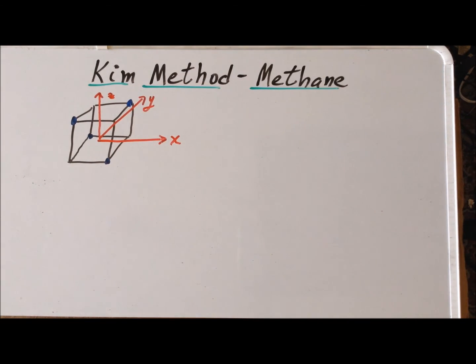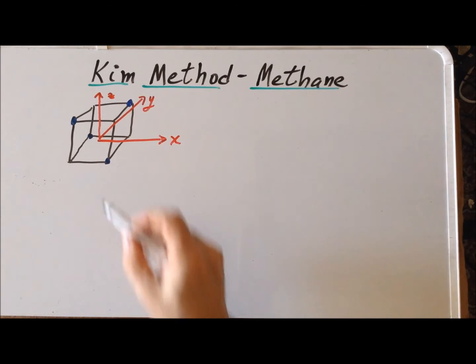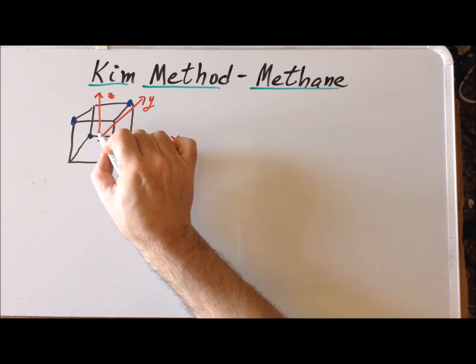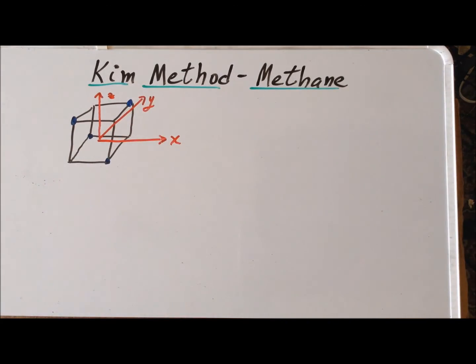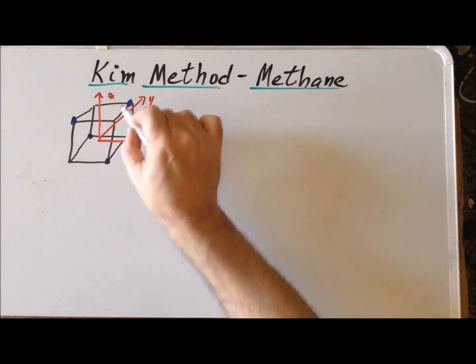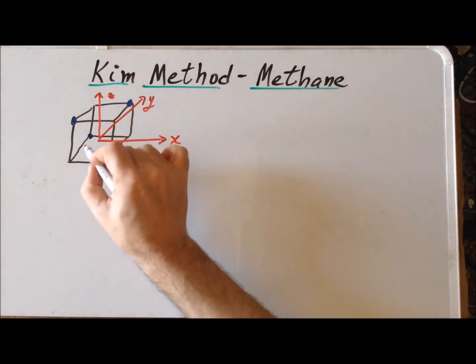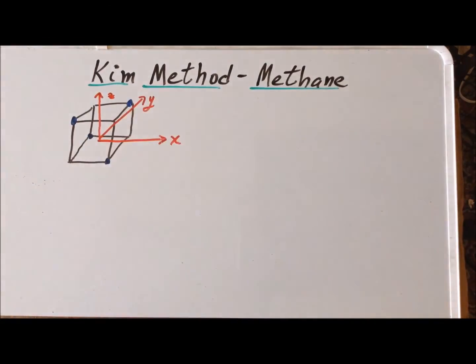Next, we can imagine the stretches as involving a vector going from the central carbon atom to each of the hydrogen atoms. And we can also think of a vector as just the terminal point of the vector going from the origin to that particular point.